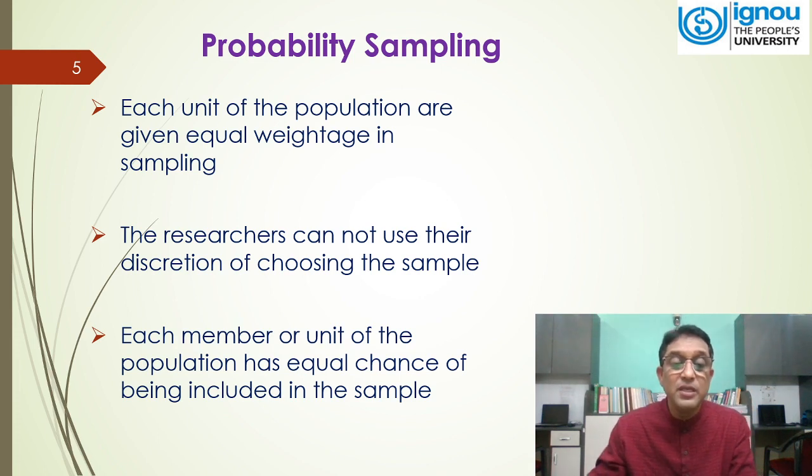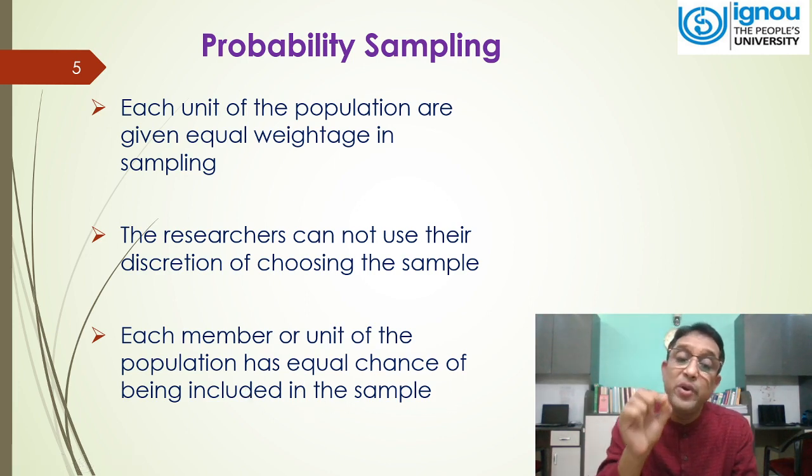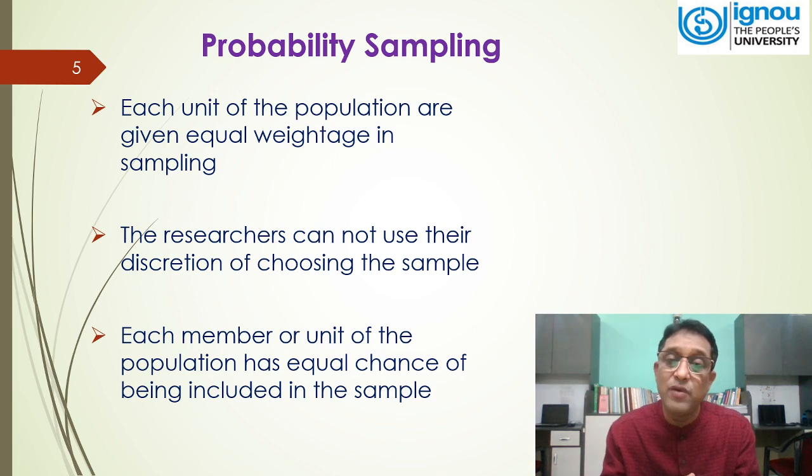Further, each member or unit of the population has an equal chance of being included in the sample. I have already said that the size of the population is 1000.